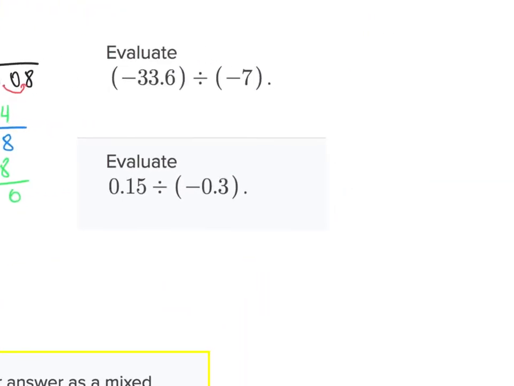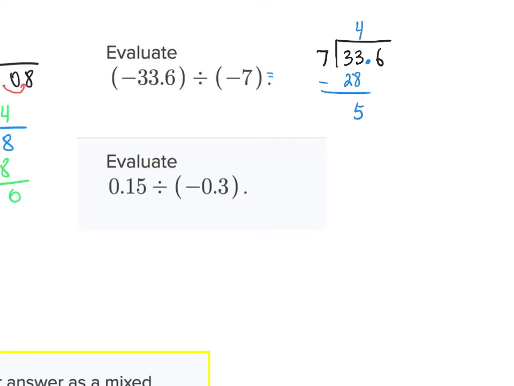Let's go ahead and try my next one. This one I'm dividing a whole number, so I don't need to worry about moving any decimals. And I know a negative times a negative equals a positive. So here, I'm going to go ahead and divide.